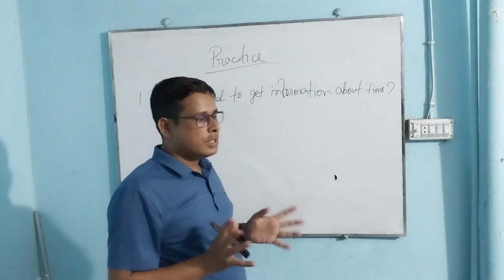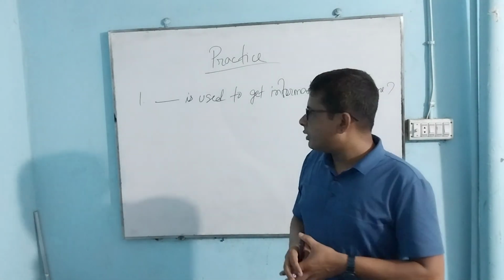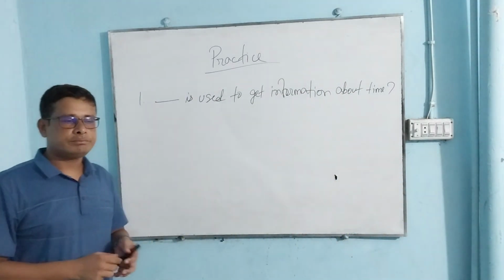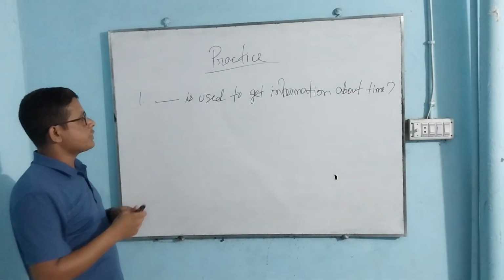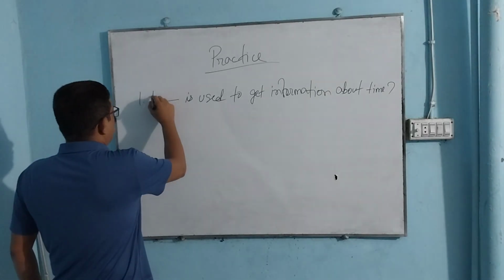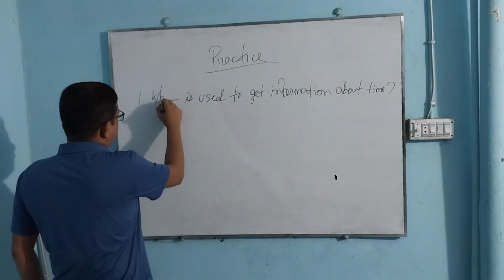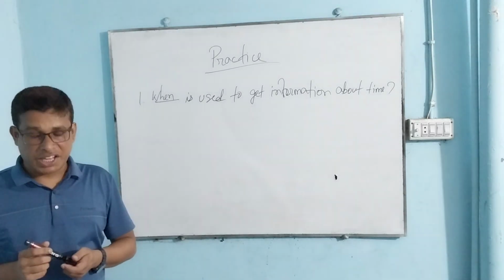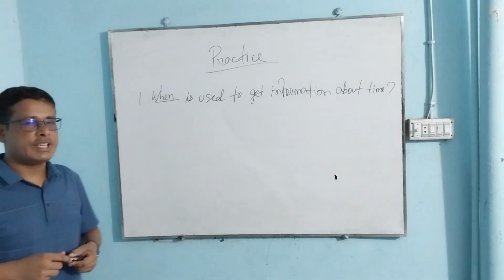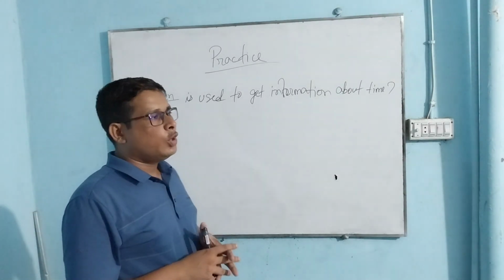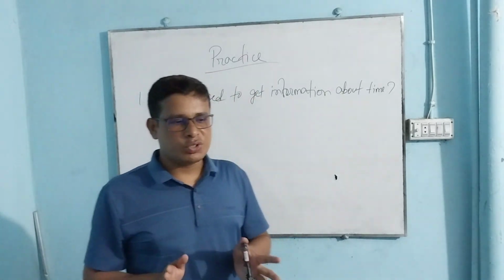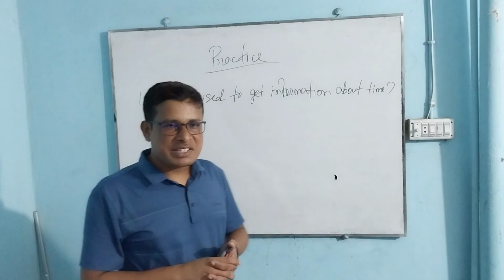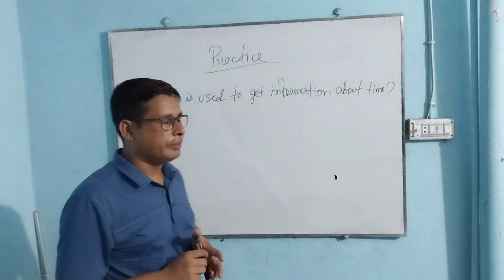I mean, what type of WH word do we use here? Normally, who can say? Okay, thank you so much. When, yes, when is used to get information about time. In short, we use when to get information of a specific time. Okay, a particular time.